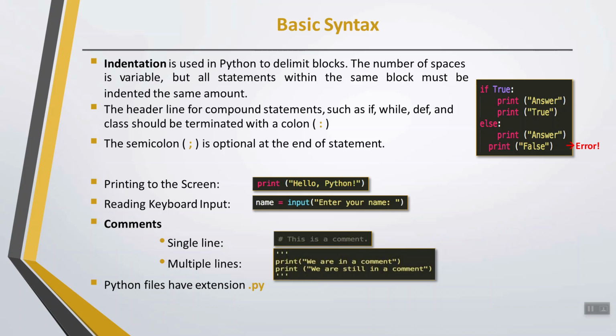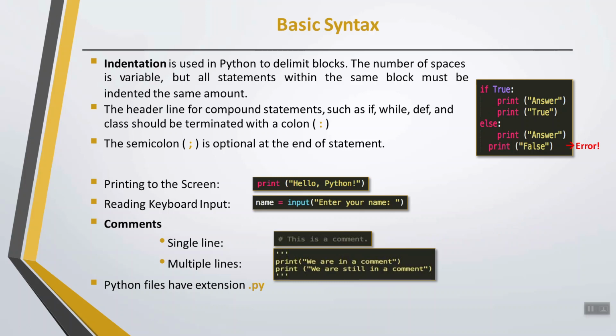Because there are always blocks in different programming languages, like compound statements such as if, while, def, class, any loop, any function, any class, any code of class will be shown in a separate block of code.